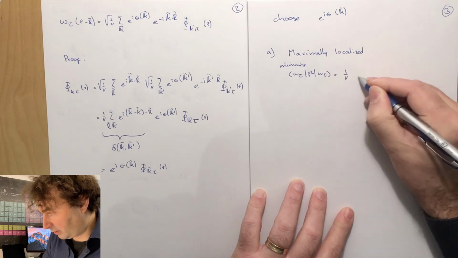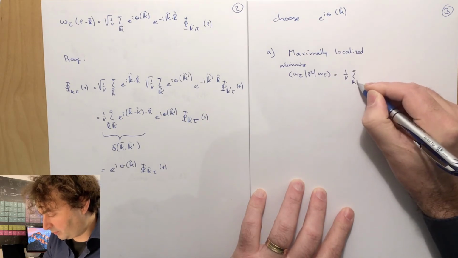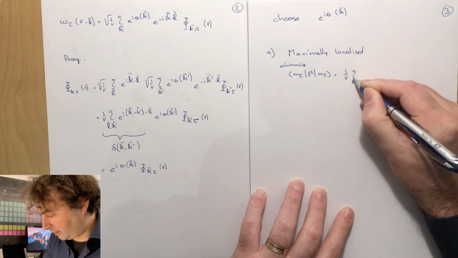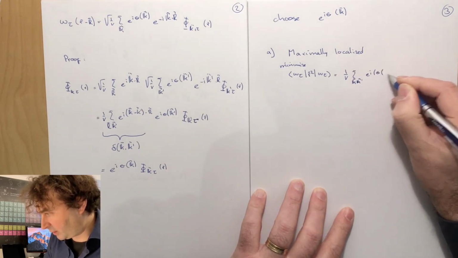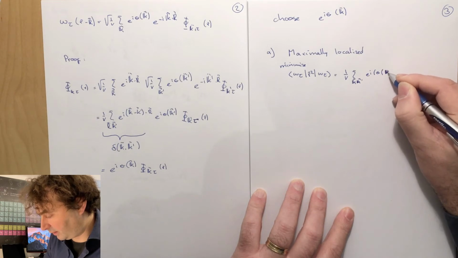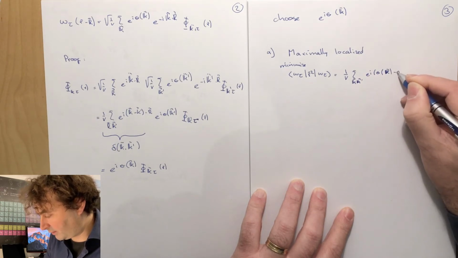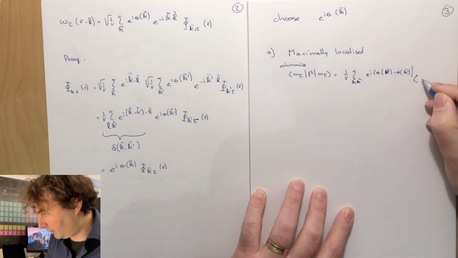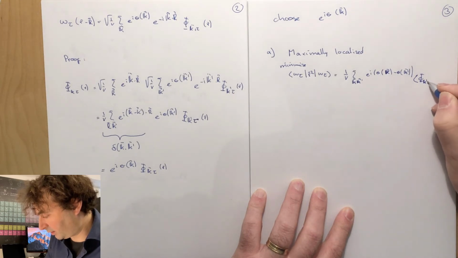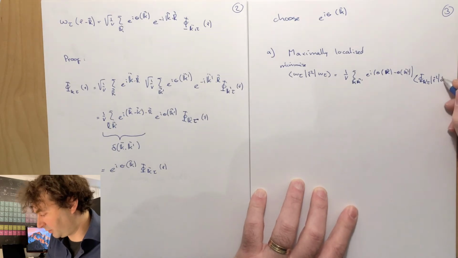So this is 1 over V times the sum over two k vectors, e to the i, and then we have our phase function theta at k minus theta at k prime, and then we have the inner product of the band eigenstates k prime, tau, r squared, or the expectation value of r squared between the band states, sorry.